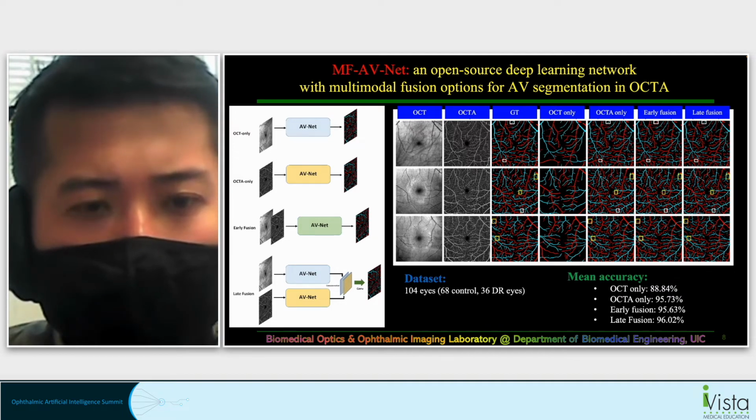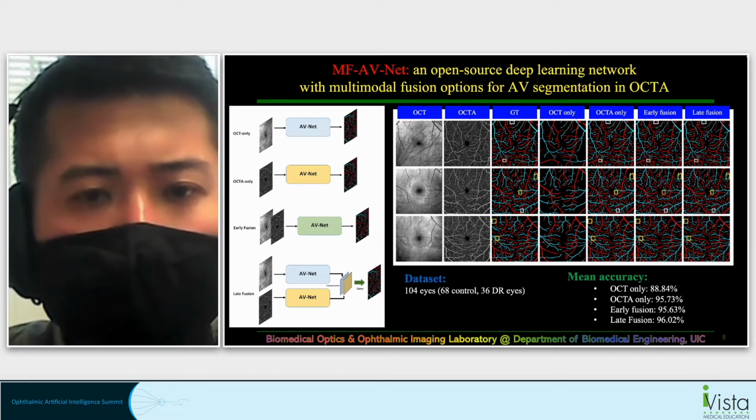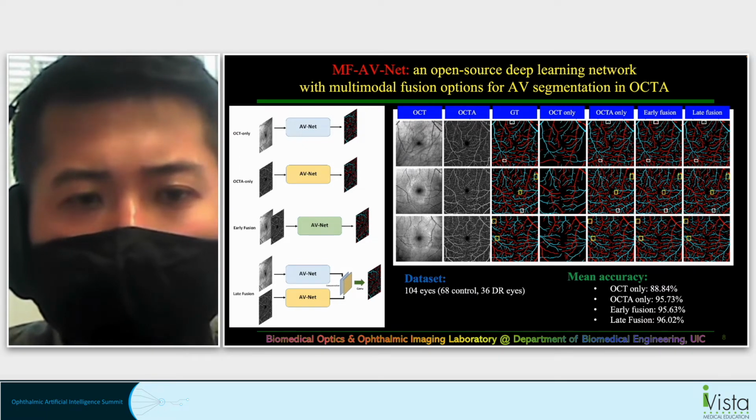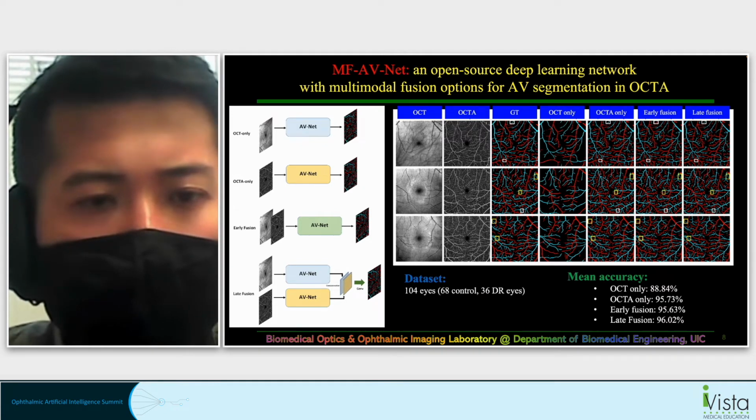Therefore, the CNN cannot predict the AV map in high detail. The OCTA-only architecture has comparable performance to the early and late fusion architecture, with the early fusion having slightly worse performance and the late fusion having slightly better performance compared to the OCTA-only architecture.